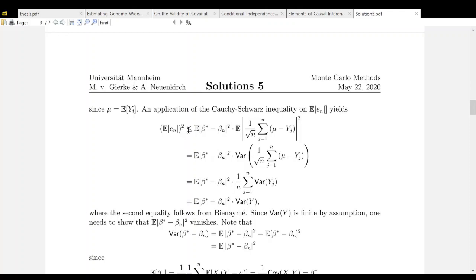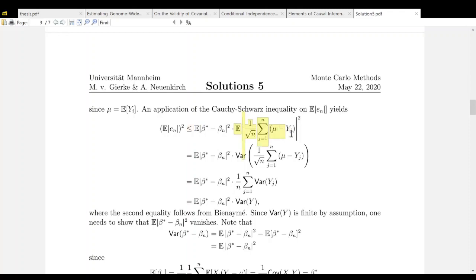The squares are just so we get rid of the square roots, which we get from every inequality we can apply here. It's just for notational convenience, because otherwise here we have super many square roots, and we don't like that. Yeah, so this inequality is just normal Cauchy-Schwarz or Hölder.